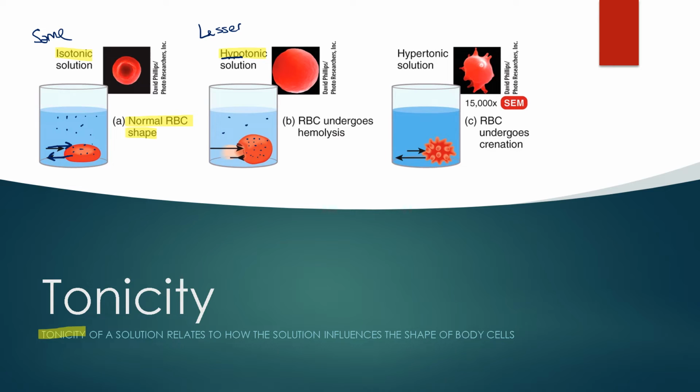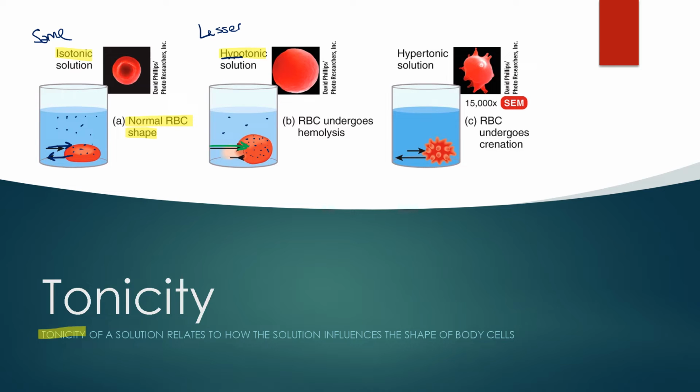These are just representing molecules and ions. Because of that, we're going to have a lot of osmosis occurring. A lot of water is going to enter the cell here in order to try and equalize the concentration inside the cell and outside the cell.